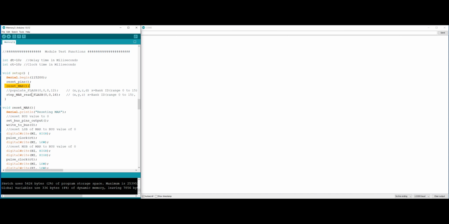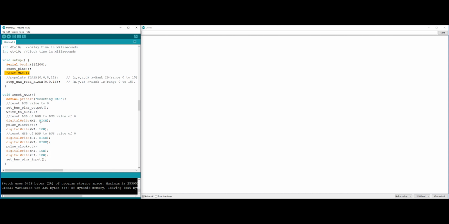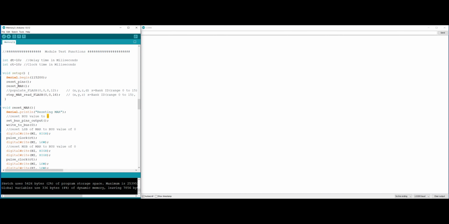We talked about this function in the previous video: we set a value of 0 onto our bus, and then read that value into the LSB and MSB of our memory address register, so that it is reset to a value of 0. It's just an initialization of our memory address register with 0.